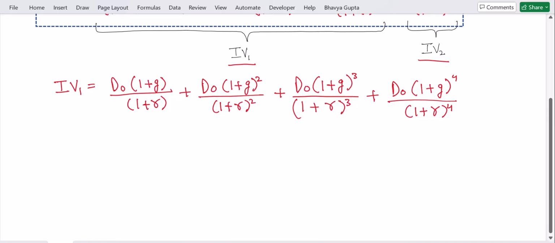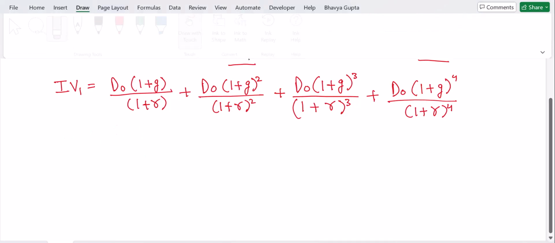Let's state this factor (1 plus g) upon (1 plus r) as, let's say, Q. So let's write that just to shorten the equation.